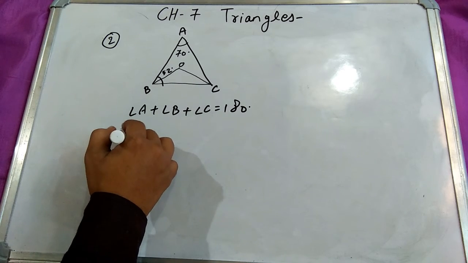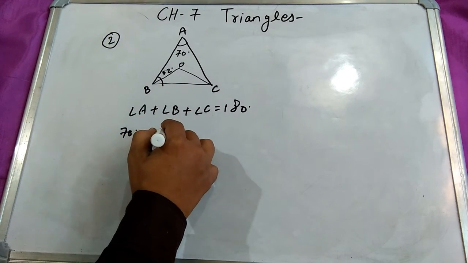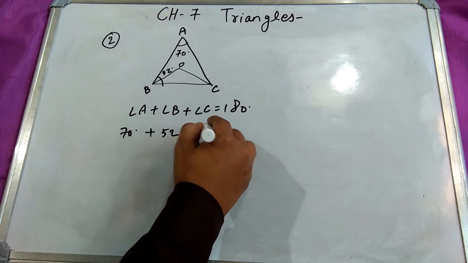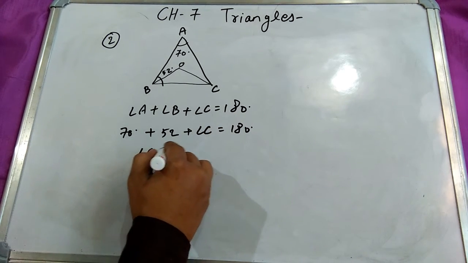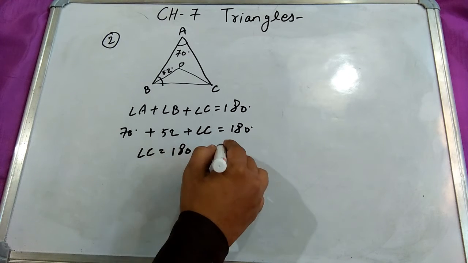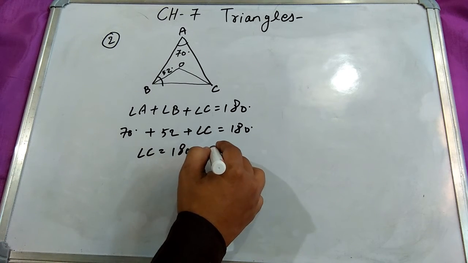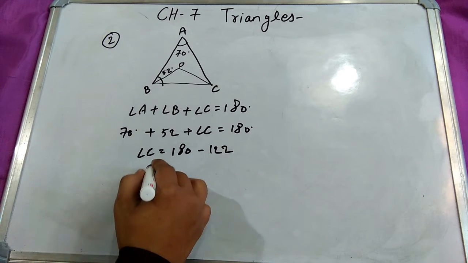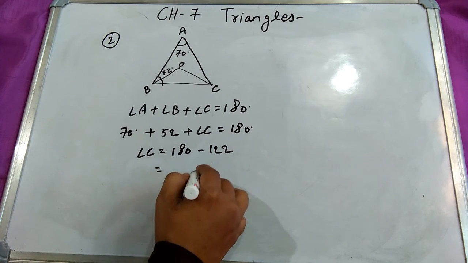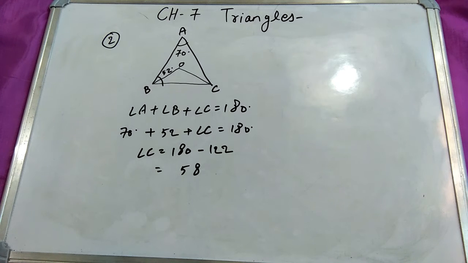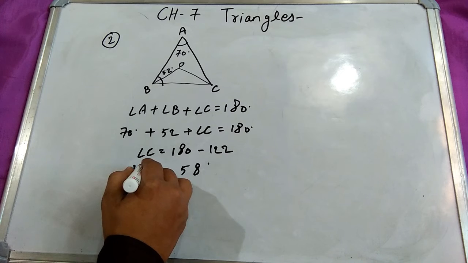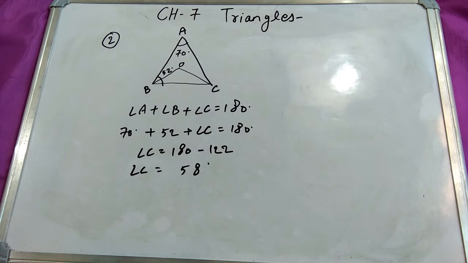We have given that angle A equals 70, angle B equals 52, angle C is not given, so from here angle C equals 180 minus 122, which is 58. So angle C equals 58.